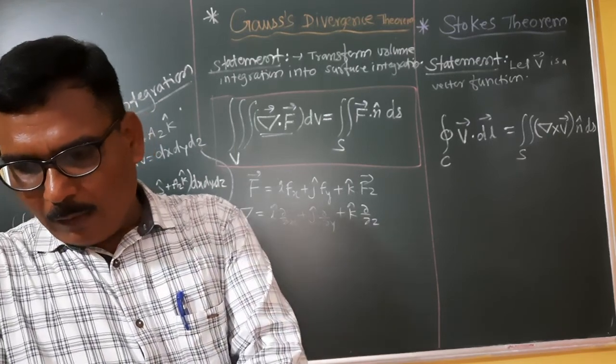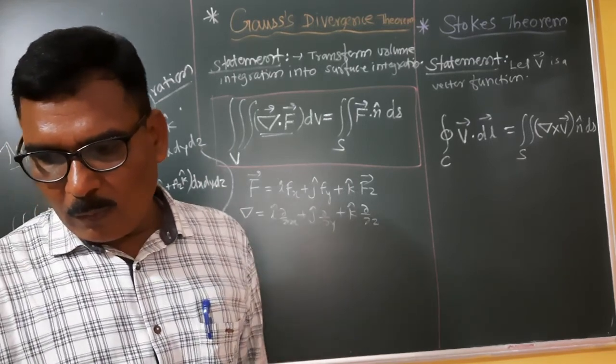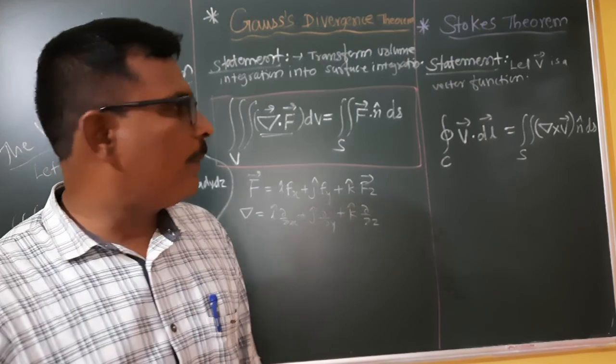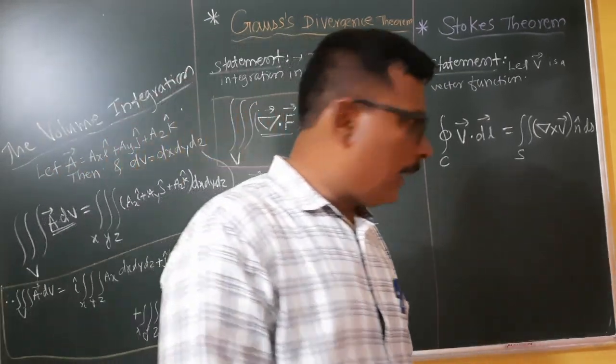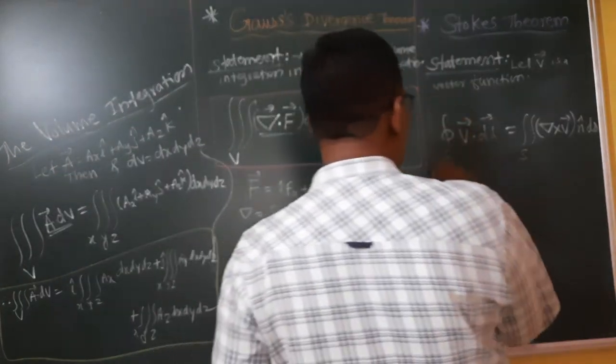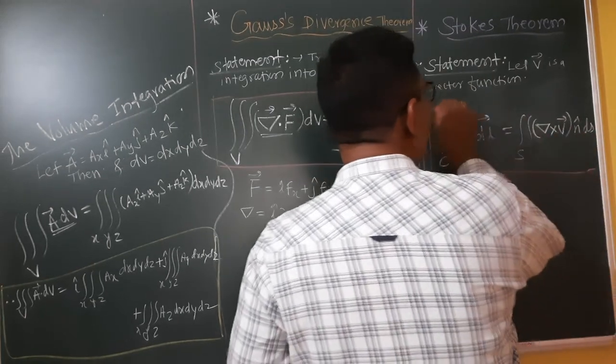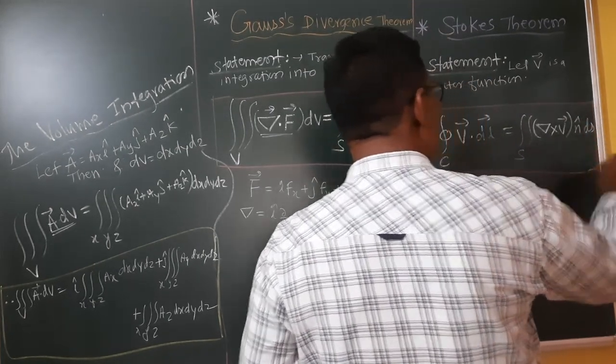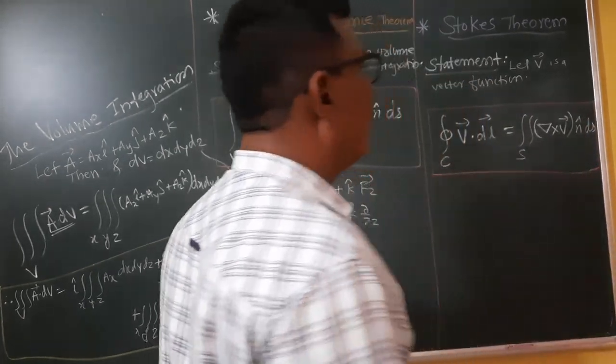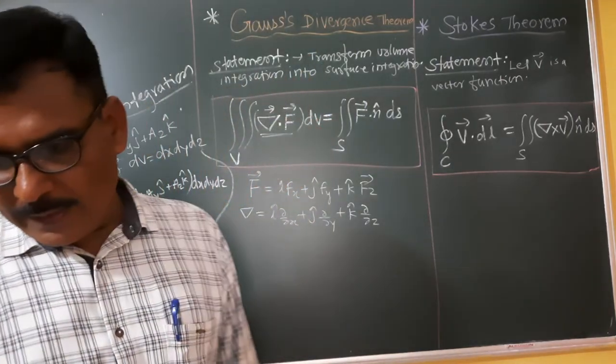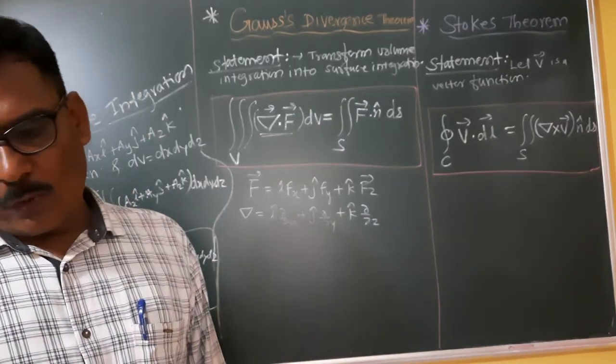Curl of the function V bar over any closed surface. Mathematically, V bar dot dl bar is equal to the surface integration of the curl of V bar into n cap ds. This is called Stokes theorem.